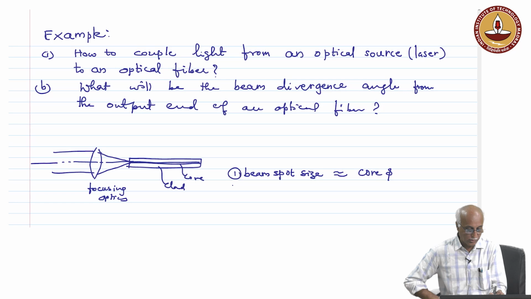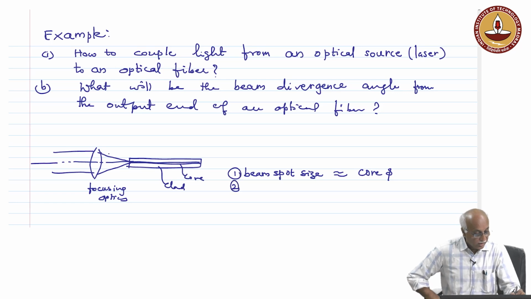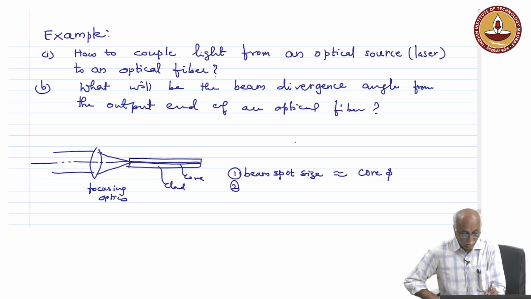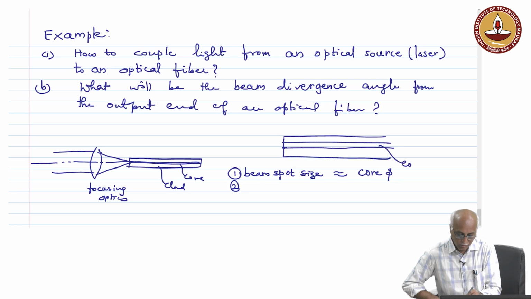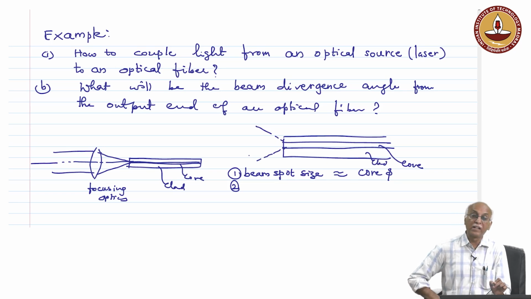One point. Second point is, let's say we know an optical fiber with a core and a clad has an acceptance angle.